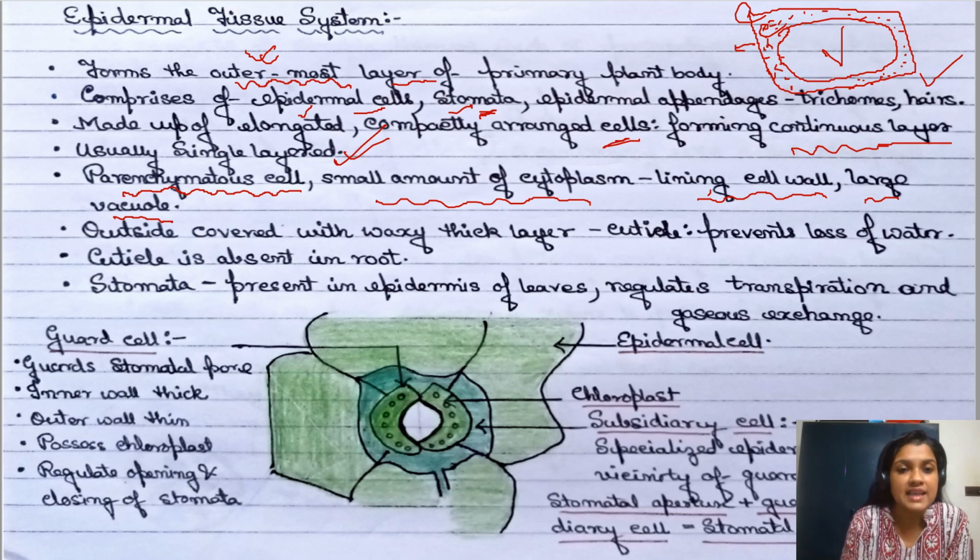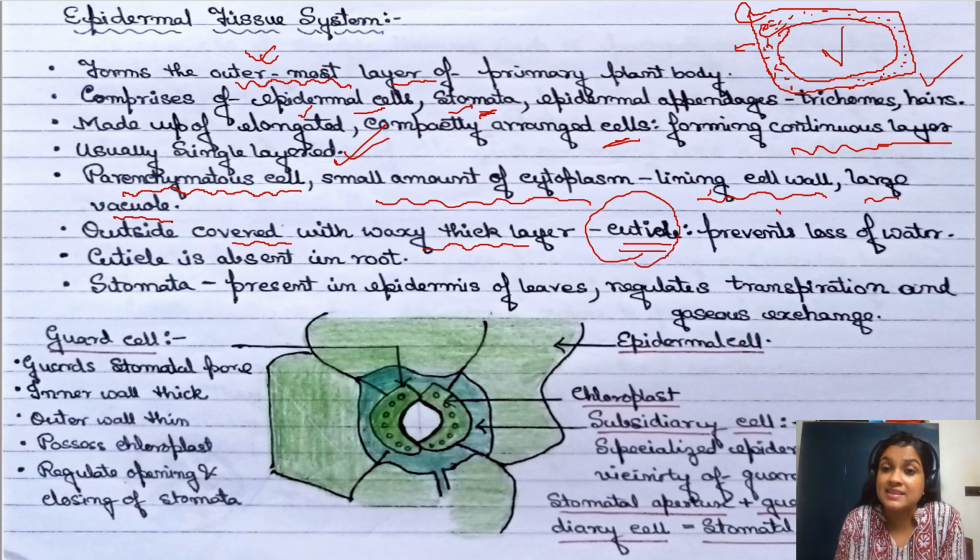The outside of this epidermal tissue system is covered with a waxy thick layer called cuticle. This prevents further loss of water, because loss of water is also prevented by this continuous layer.